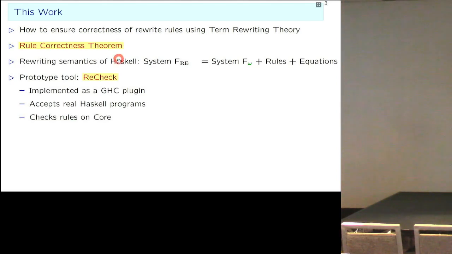To give this, we give a calculus called System FRE, which is roughly an extension of System F omega extended with rules and equations. We also provide a prototype tool called ReCheck, implemented as a GHC plugin that accepts real Haskell programs and checks rules on the core programs based on my theorem. I'll show you this in this talk.